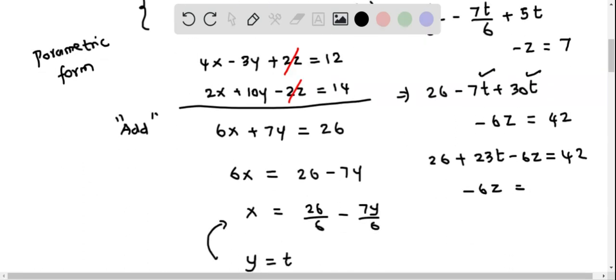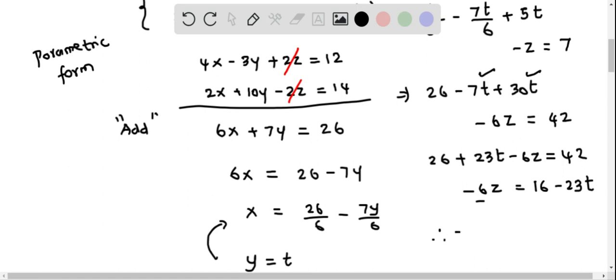This equals 42 minus 26, and this equals 16. So we have 16 minus 23t. Now I divide both sides by negative 6 so that we can solve for z.